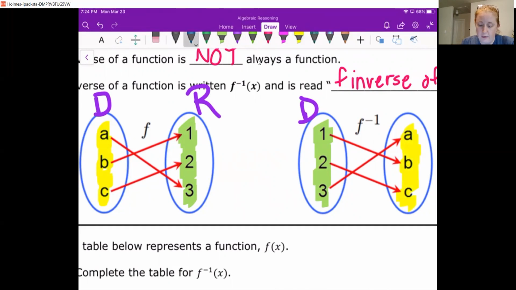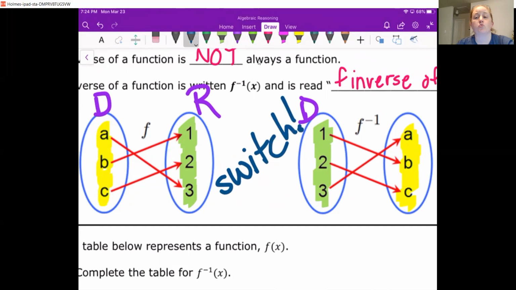So again, they switched places. That's one of the biggest things that inverses do: they cause your x's and y's to switch places, to reverse roles.